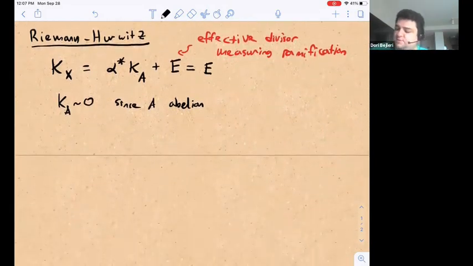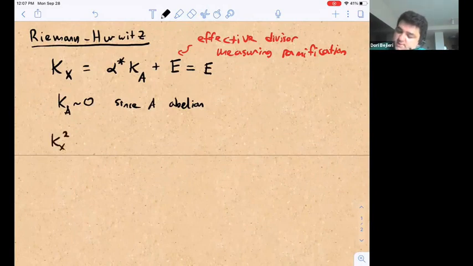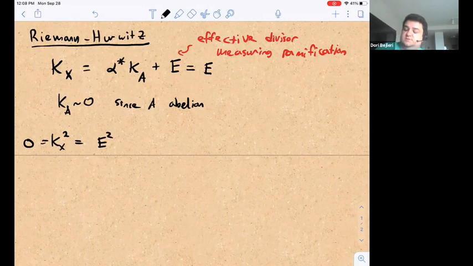On the other hand, we also know that K_X squared is 0 because we're in the Kodaira dimension 0 case, and K is nef. And so K_X squared is the same as E squared, so E squared is also 0.